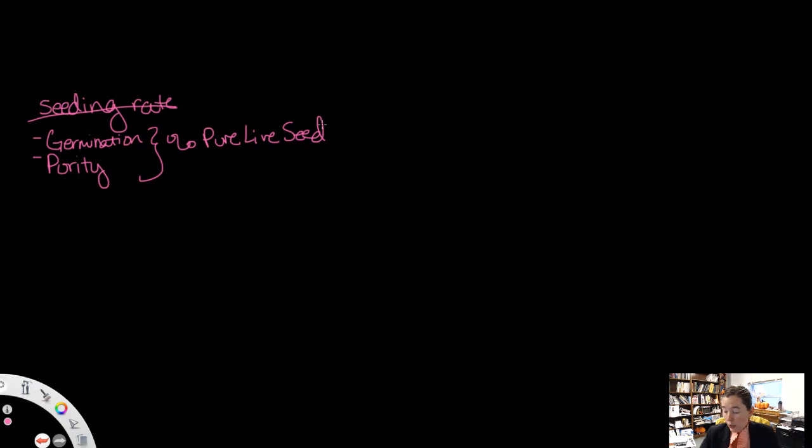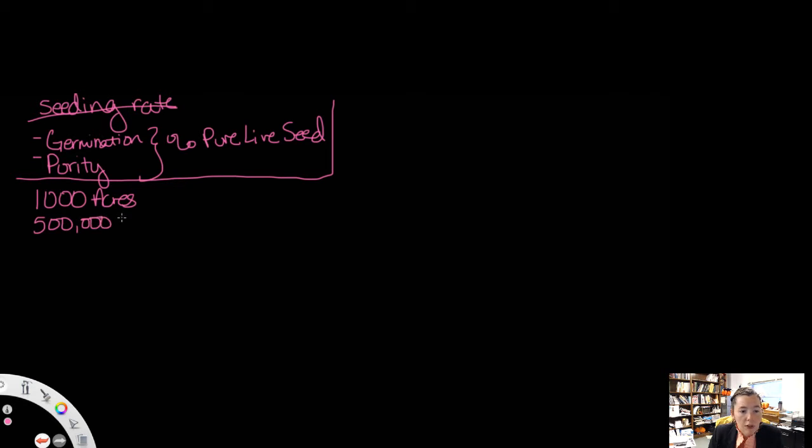So we're going to look at a problem where our germination percentage, I'll just read it through. This is number 4 on the one that we did in class. A producer has 1,000 acres. They also have a final population that they want of 500,000 plants per acre.